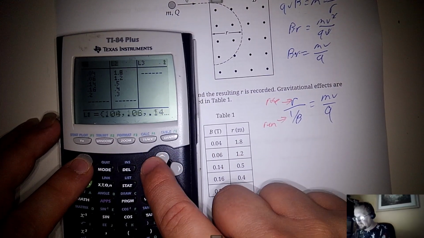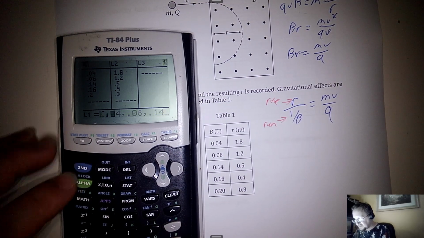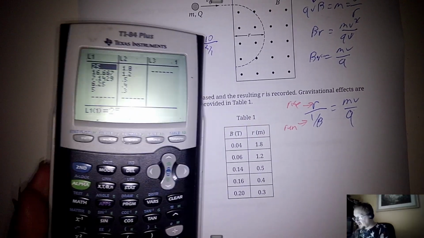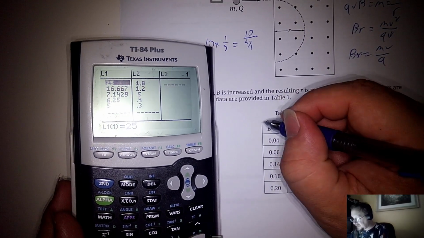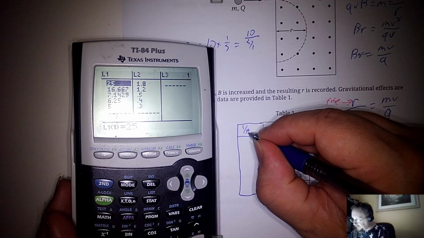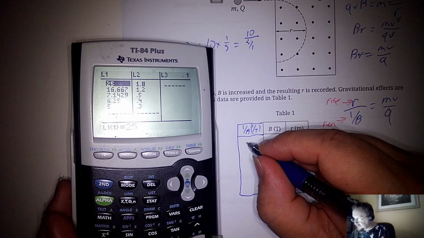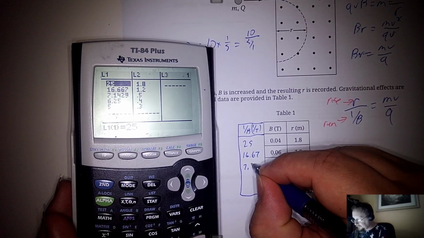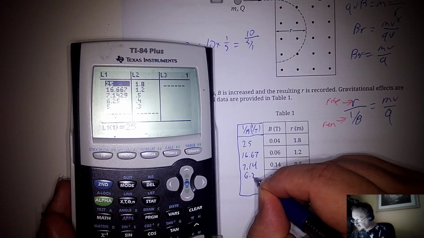Not exactly, unfortunately. It means the data won't be aligned when I take L1 and reciprocate it by raising it to the -1 power. So I guess they don't give you the extra table anymore, which is unfortunate. Okay, so this is going to be 1 over B in 1 over Tesla units: 25, 16.67, 7.14, 6.25, and 5.